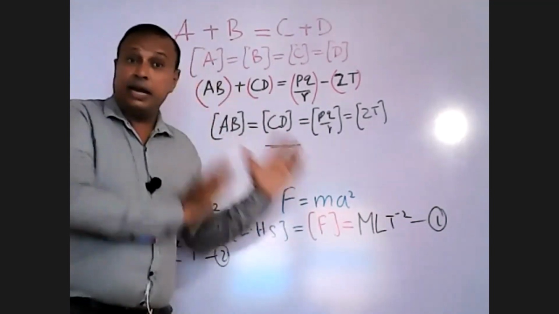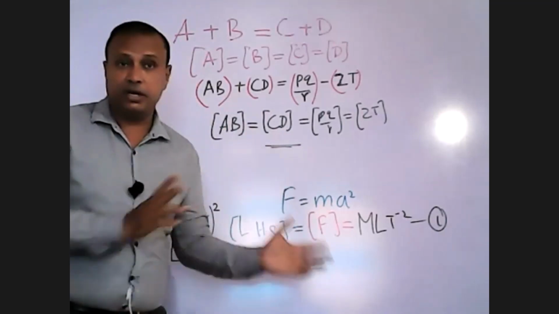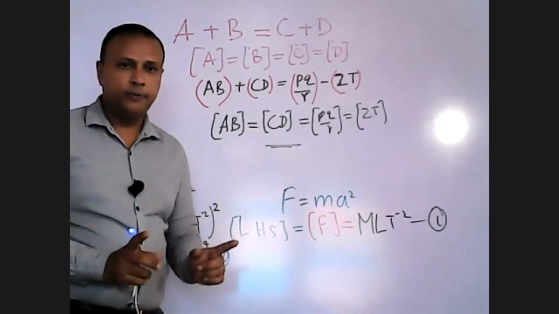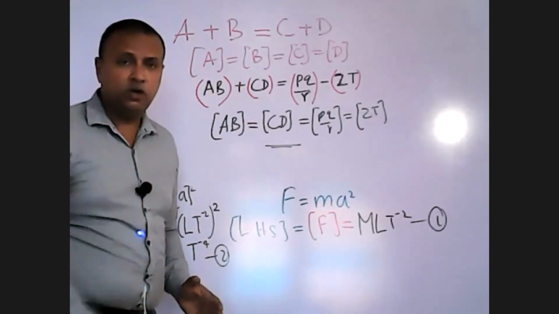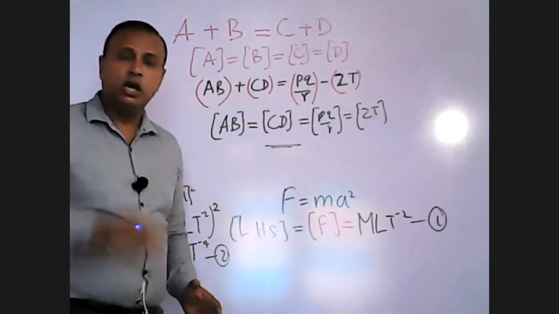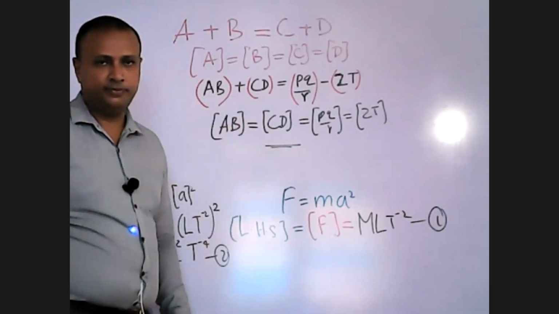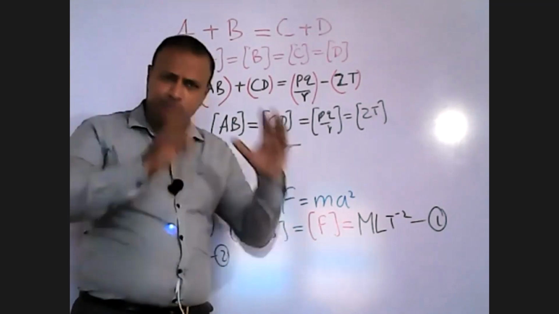So division and multiplication we can do between two different physical quantities. But addition or subtraction can be done among the same physical quantities. Simply you can understand that.